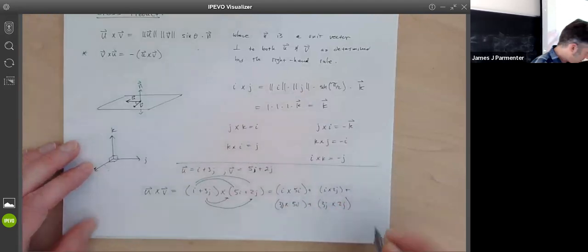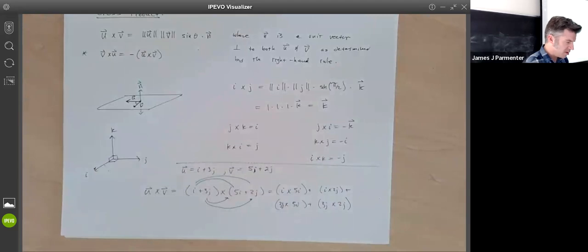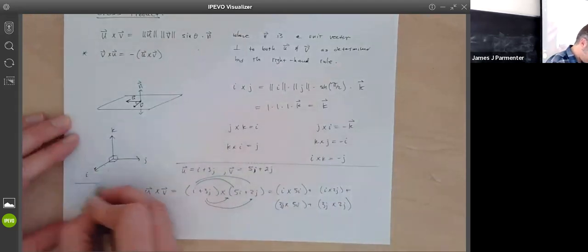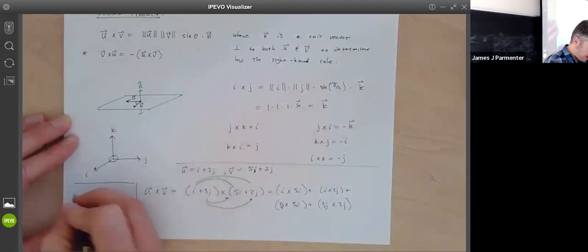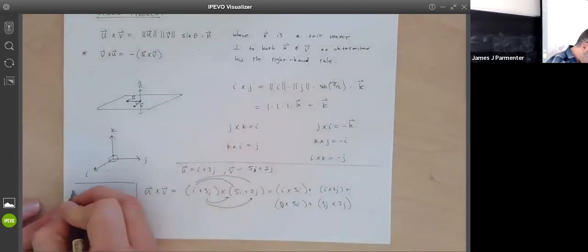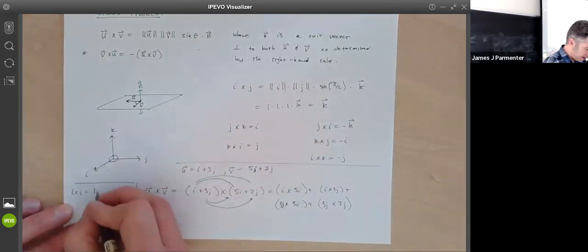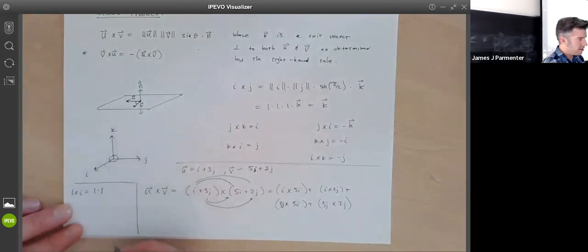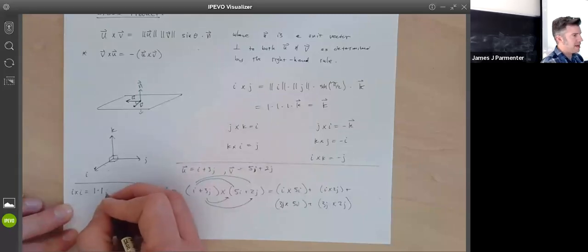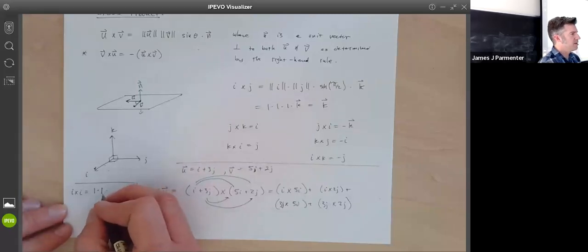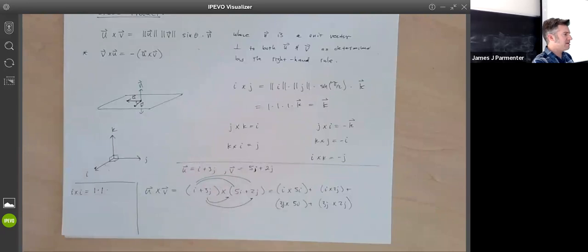Here's an important question. What's I cross I? Well, let's use the formula. I cross I is the magnitude of I times the magnitude of I times sine of the angle between them. What's the angle between I and I? 0.